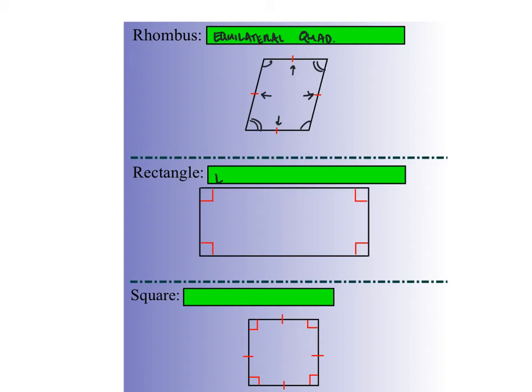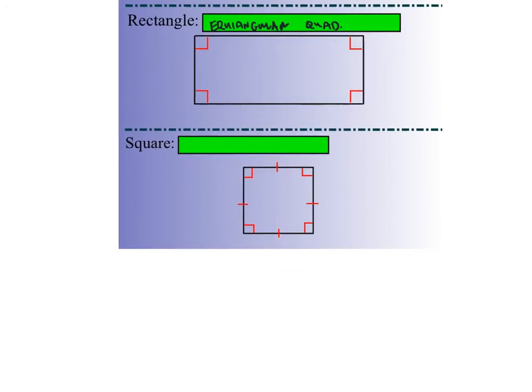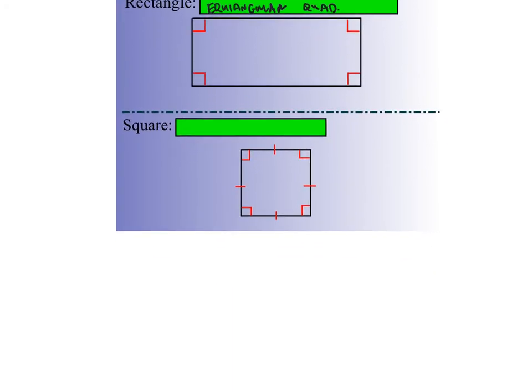Now the rectangle is the equiangular quadrilateral. Okay, you can see 90s in all four corners. The square is the combination of those two. The square is what we'd call a regular quadrilateral.